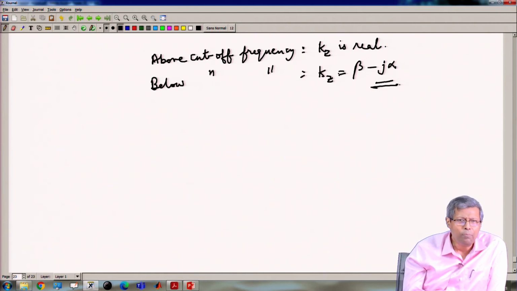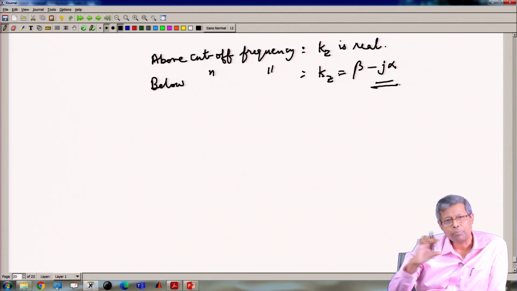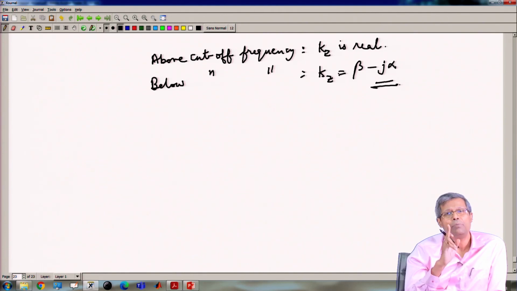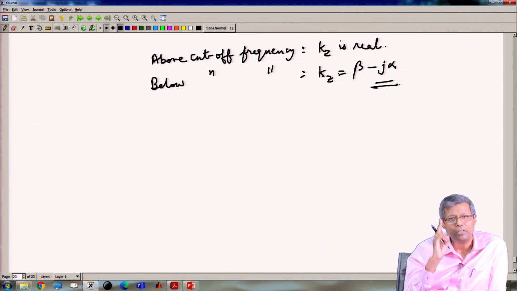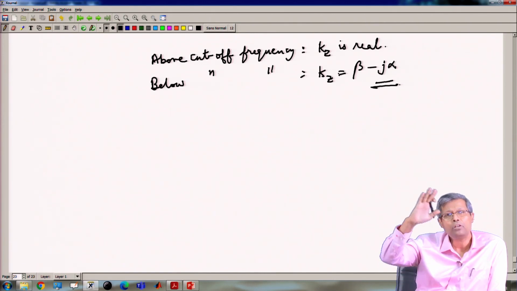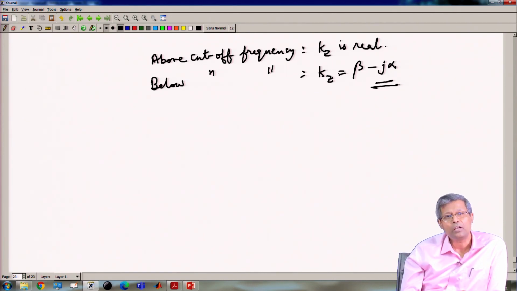This is a very important thing to appreciate, that the dielectric strip, though perfectly assumed lossless, can have an imaginary propagation constant, and this imaginary propagation constant is due to the radiation of electromagnetic waves in the air region as the wave, the TE or TM mode, progresses inside the dielectric slab.